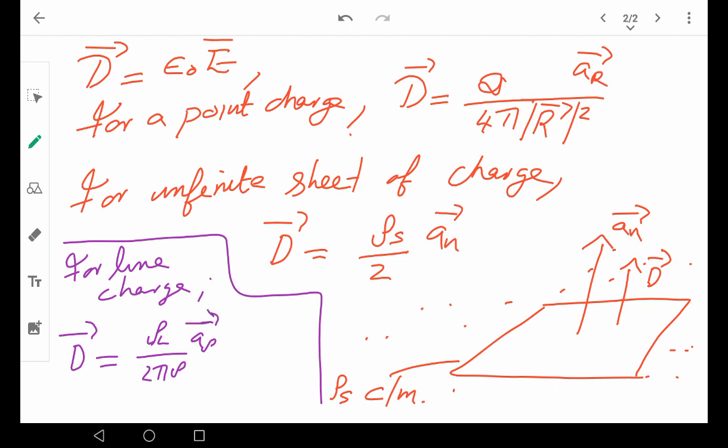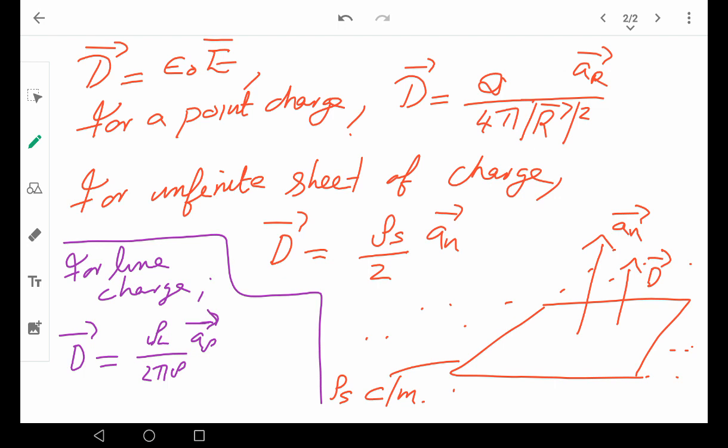We have derived the equations for the electric field for line charge, infinite sheet of charge and point charge earlier. If you multiply those equations with epsilon 0, you will get the equations for all these. So that's why I am writing it like this.